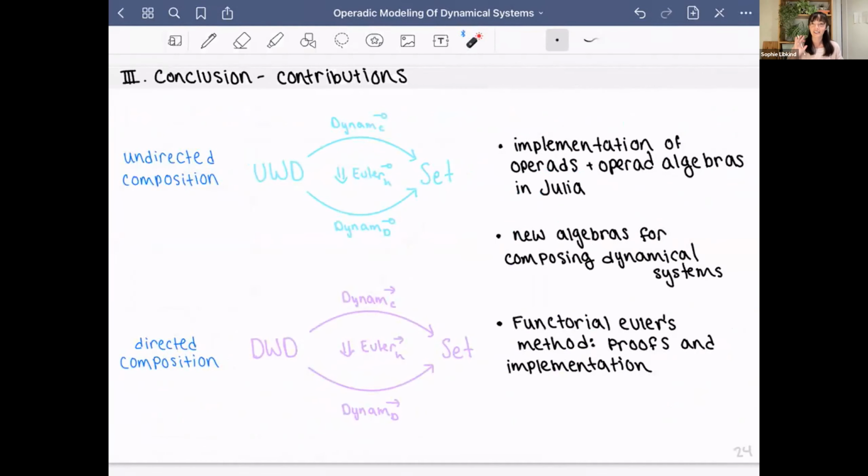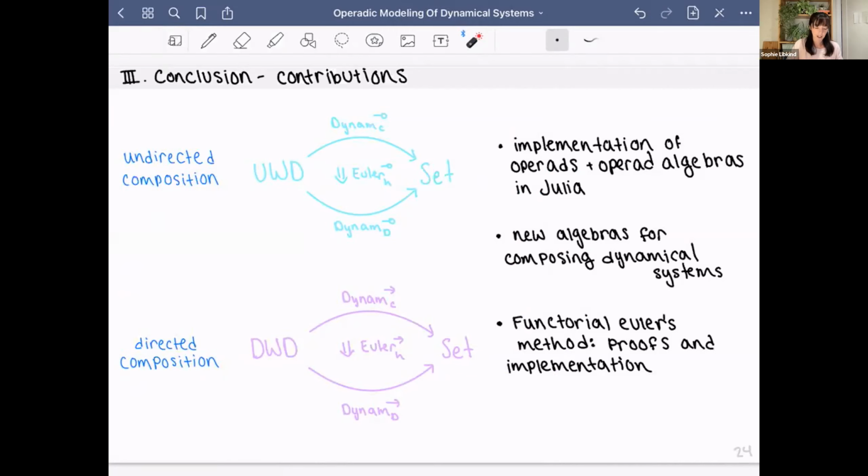All right. So we've now completed our tour of that table of those three worlds. And I want to conclude by sharing some of the contributions in our paper that maybe we didn't get a chance to discuss today. So I first want to start with this left-hand side, which describes the mathematical abstractions that are really highlighted in our paper. So for undirected composition and directed composition, we define these operads of undirected wiring diagrams and directed wiring diagrams.